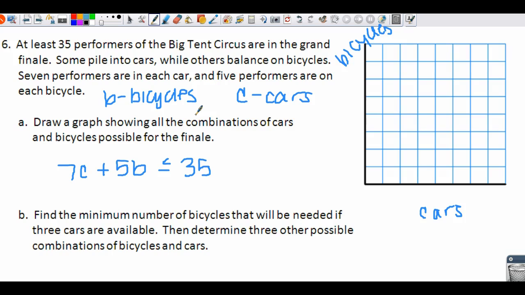So if I have all bikes and no cars, then I could have 7 bicycles. If I have all cars and no bicycles, then I could have 5 cars. And again, I could have any combination less than that.